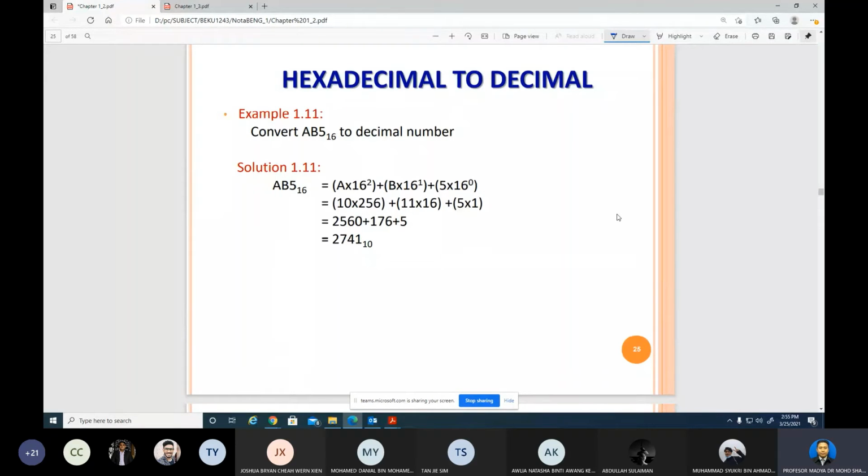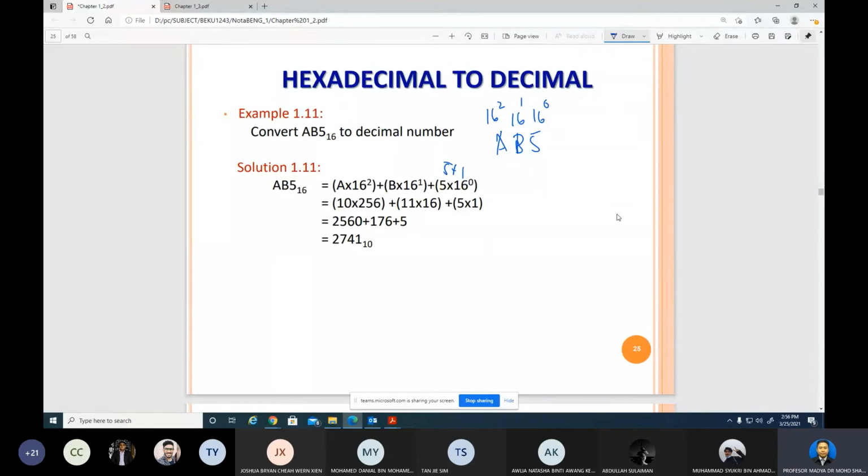Alright, so this one is from hexadecimal to decimal. You can use this technique I mentioned to you. For example, I read like this: A, B, 5. This one will be 16 power of 0, 16 power of 1, 16 power of 2. So 5 multiplied by 1.